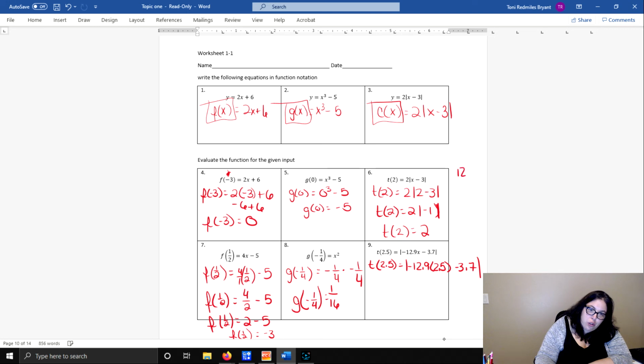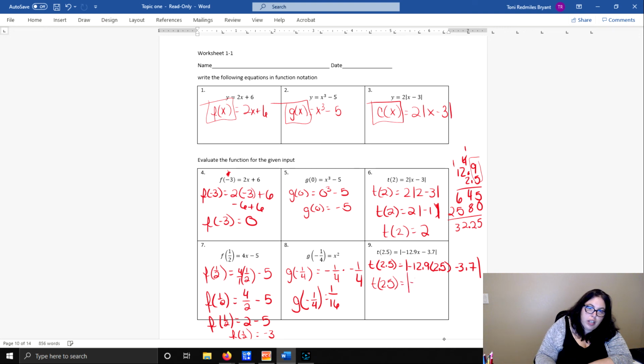First I have to do 12.9 times 2.5, which is going to be, let me just do this real quick. 4, 5, and then 2. So we get 32.25, but I have to put 2 decimal places in. It's going to be negative because when I'm multiplying a negative and a positive, I get a negative.